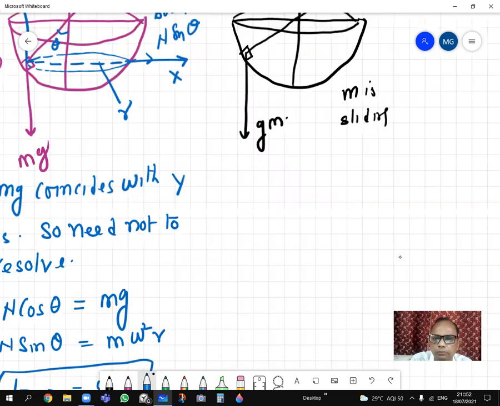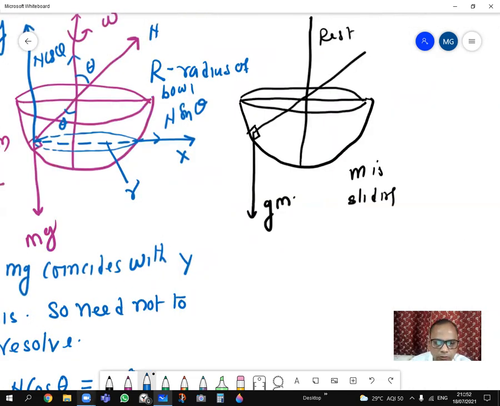But in this problem, if you see, here particle is moving along this axis. This is the axis on which particle is moving. So this is my first axis. And this is my second axis. So let's call it y and this as x. And N is also acting along this.